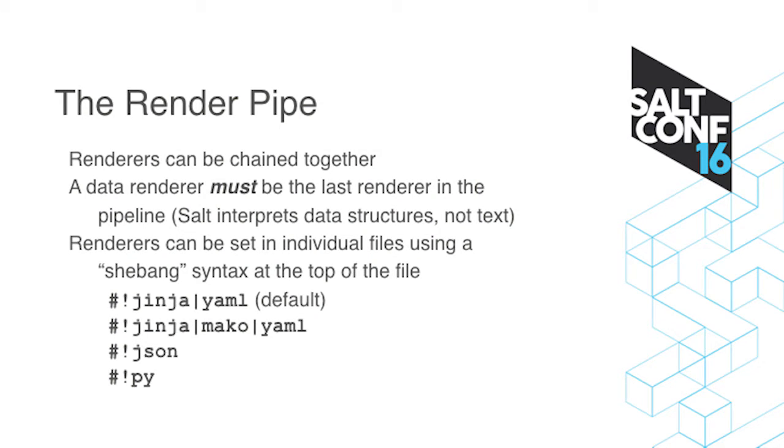Like I said before, the default renderer, if you're not setting one manually, is Jinja followed by YAML. But you have a great deal of flexibility in changing it on a file-by-file basis by using a shebang syntax, similar to what you've seen in shell scripts or Python scripts. You'll be familiar with this sort of syntax.